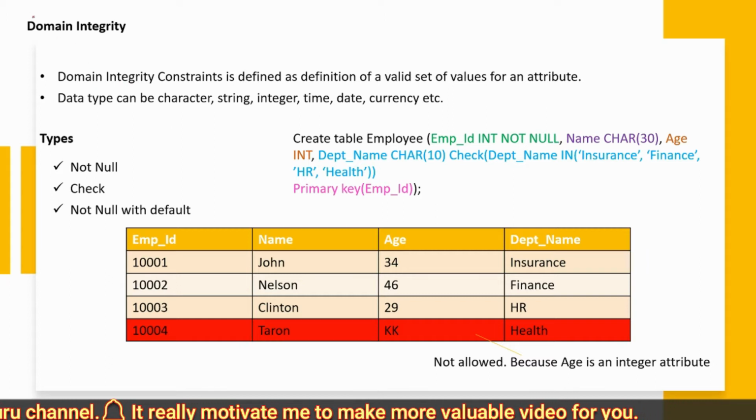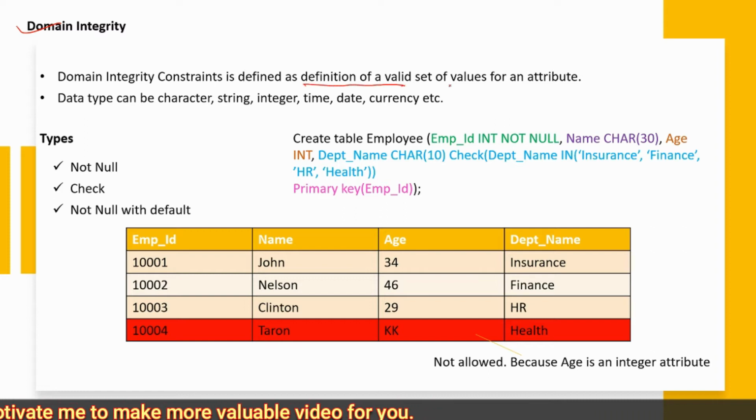First, domain integrity. Domain integrity constraint is defined as the definition of a valid set of values for an attribute. Means we have to enter the valid value into all columns of the table.